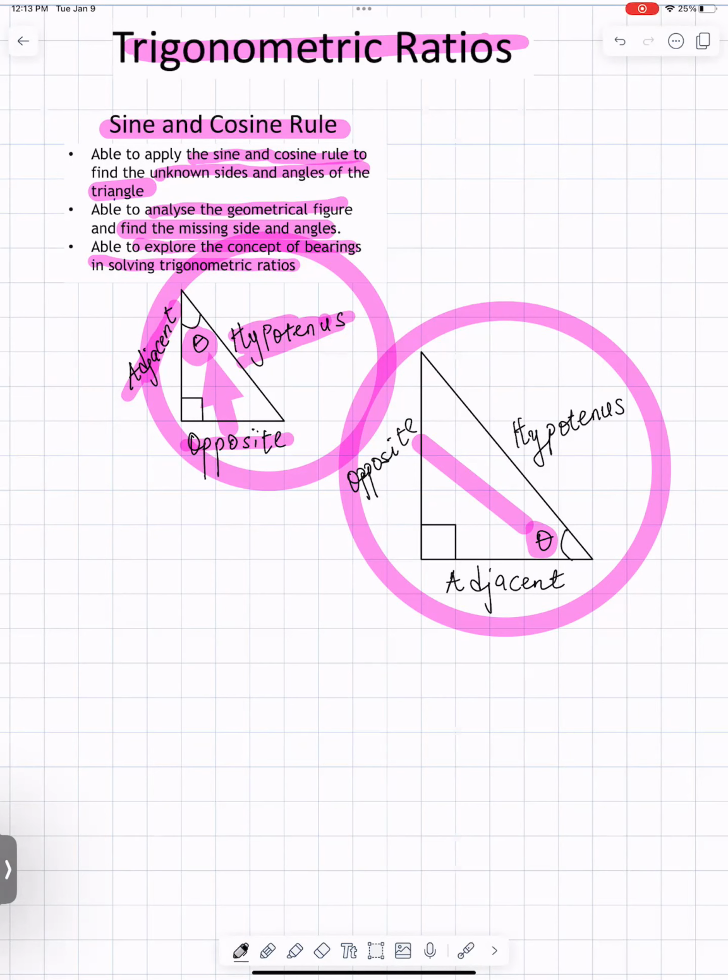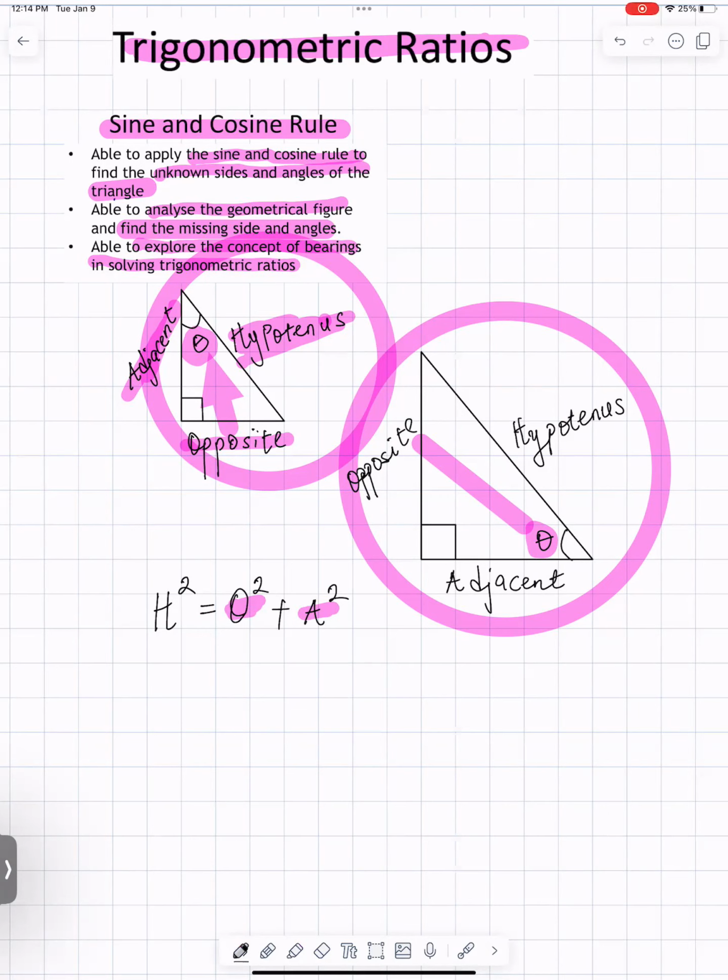For example, we have the Pythagoras theorem that gives us h squared equals opposite squared plus adjacent squared. So the longest side, our hypotenuse squared, is our opposite squared plus our adjacent squared. You should have this in mind. This is the Pythagoras theorem when it comes to the application of trigonometry.